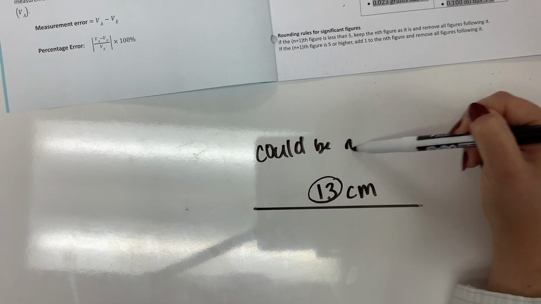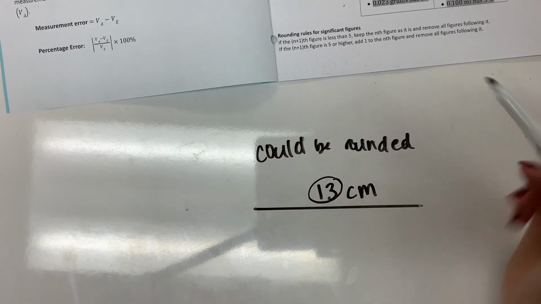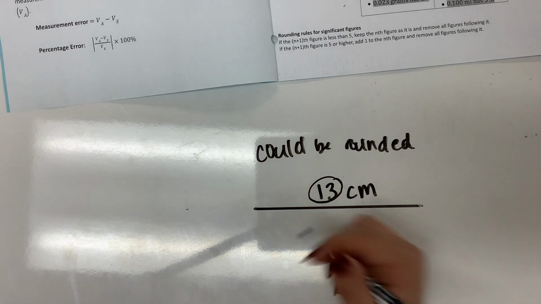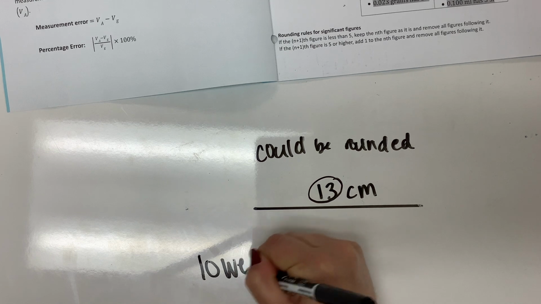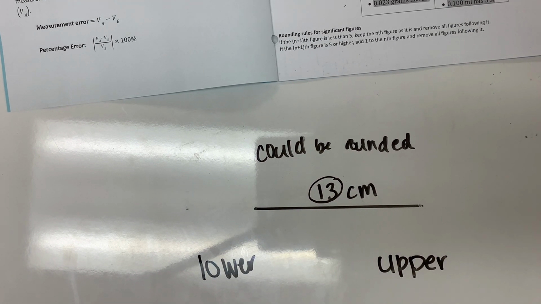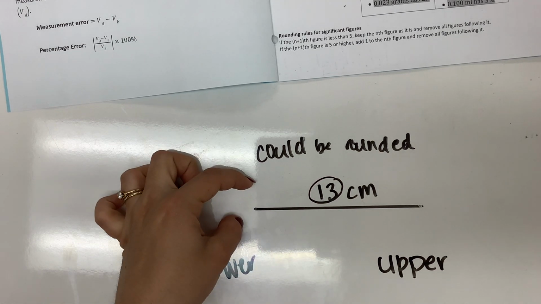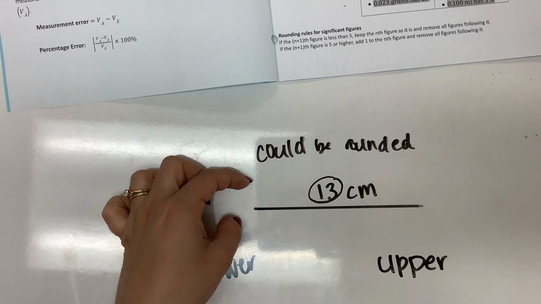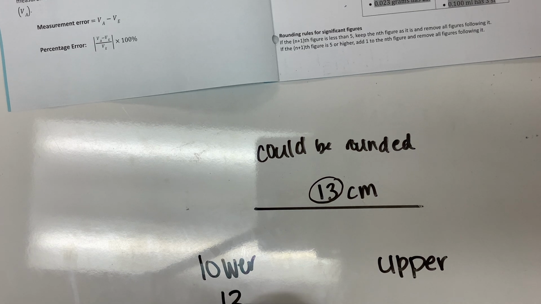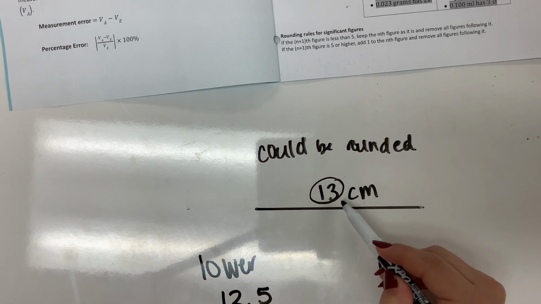This could be rounded, and if this is rounded from something, then we do what's called our lower and upper bounds. Because we have to think, if Miss Paolini tells me that this line is 13 centimeters long, what could she be rounding from? Well, she could be rounding from a number as low as 12.5 centimeters, because then that would round up to 13.